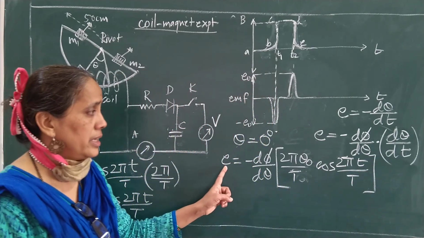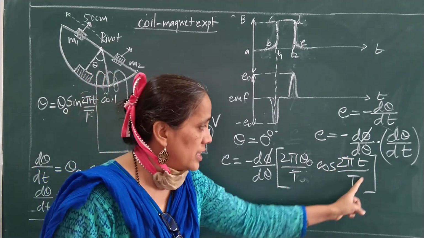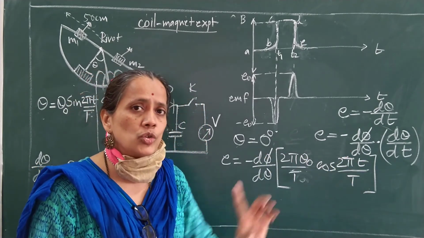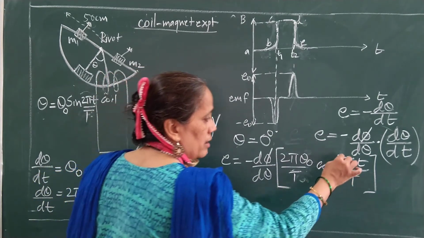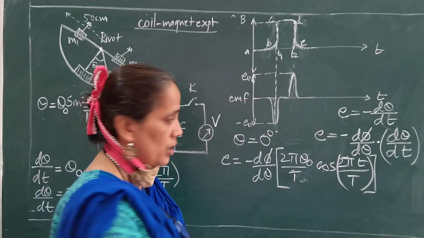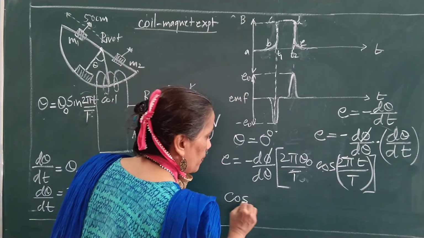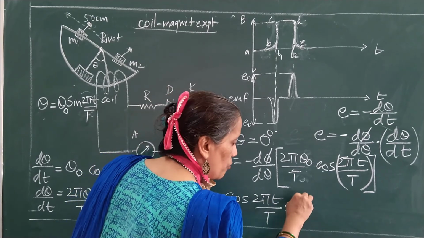Now what do I want? EMF should be maximum. When do I get EMF maximum? When this cos term reduces to 1, and this cos term reduces to 1 when the angle becomes 0. So this cos term, 2 pi t upon T, will become 1.